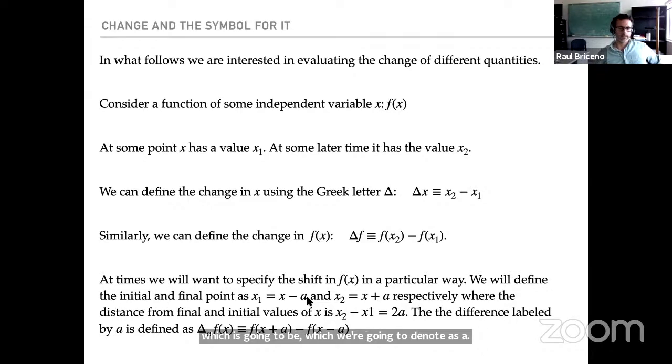Okay, and so all this means is that we're going to define the original x1 as x minus a, and the final x2 as x plus a, okay?